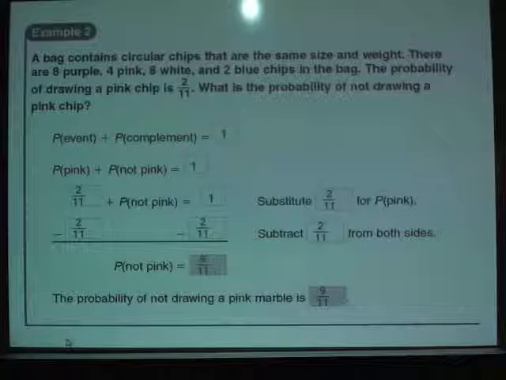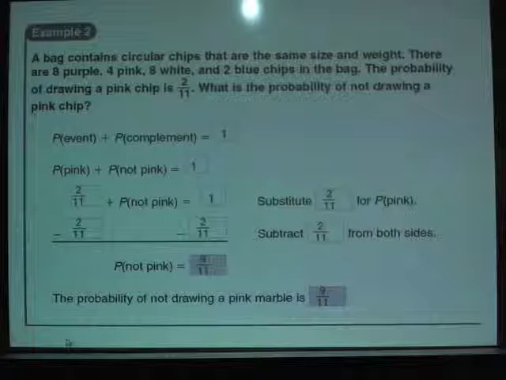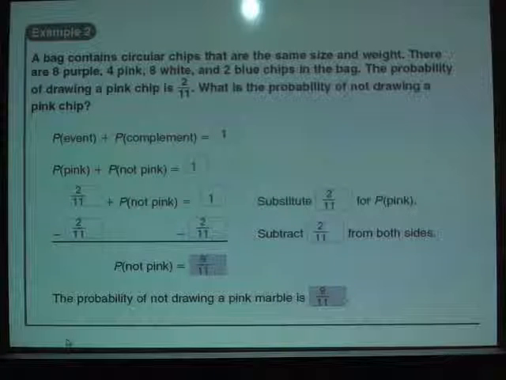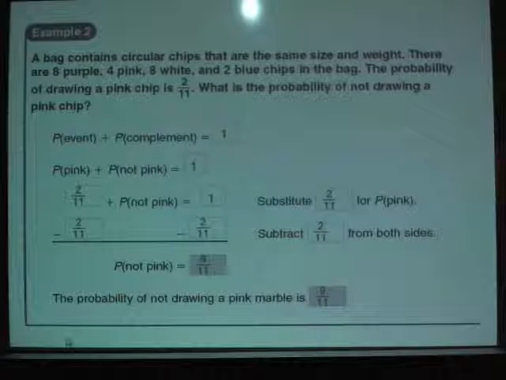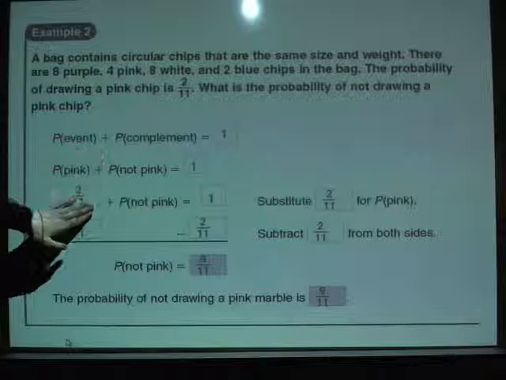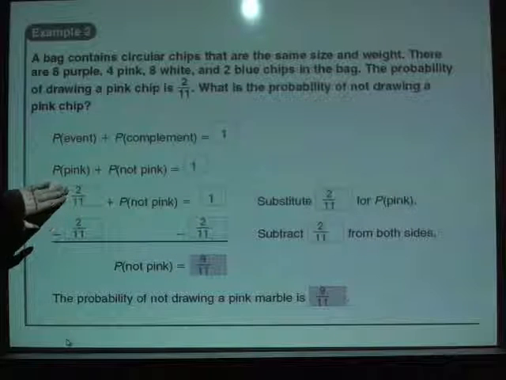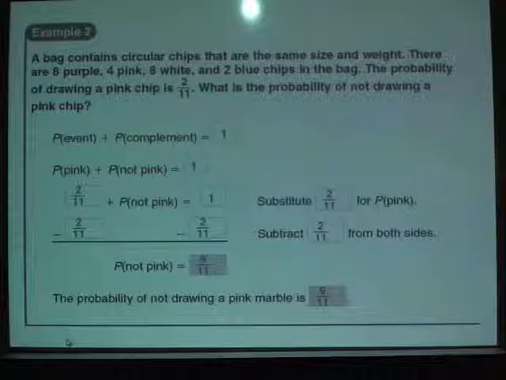So 4 out of 22 would be the direct probability of me finding a pink chip. However, that is a reducible fraction. 4 out of 22 reduces to 2 over 11. So here where they're saying what's the probability of getting a pink, that's where they got 2 out of 11 from.